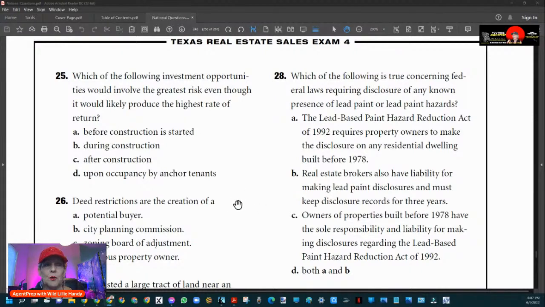B, real estate brokers also have the liability for making lead-based paint disclosures and must keep disclosure records for 3 years. C, owners of properties built before 1978 have the sole responsibility and liability for making disclosures regarding the Lead-Based Paint Hazard Reduction Act of 1992. D, A and B.